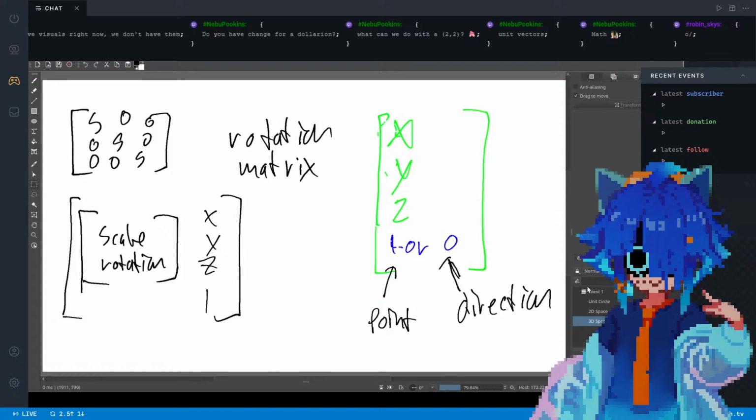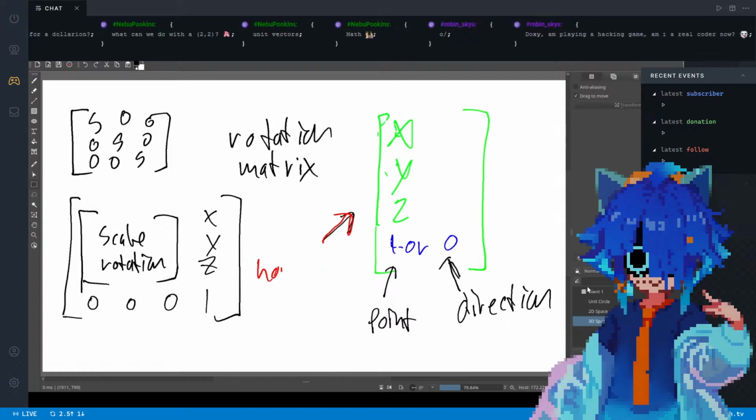And then we fill the whole bottom of the matrix with zeros. This is what we call homogeneous coordinates.